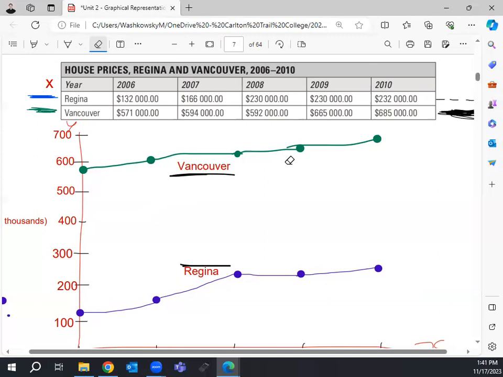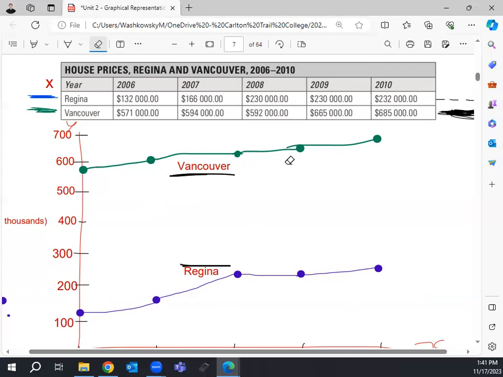Well, we can see it directly in here, we can see it perfectly in here, but again, looking at this, these almost look like they're in the exact same place, right? $230,000, $232,000 of the whole 700,000. It's very hard to tell the difference just looking at the graph. Looking at the graph, it's really easy to see, oh my god, Vancouver's way more expensive, oh, house prices are rising.